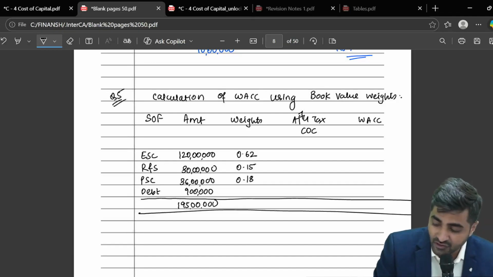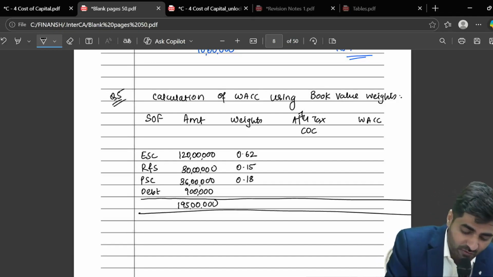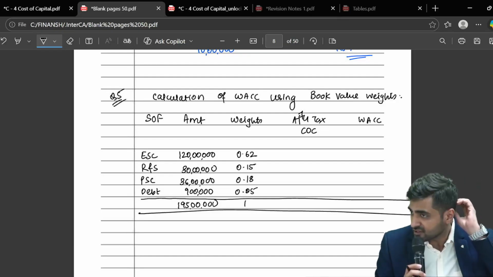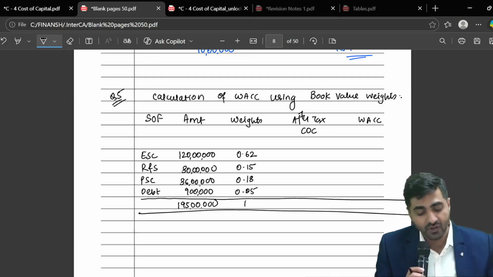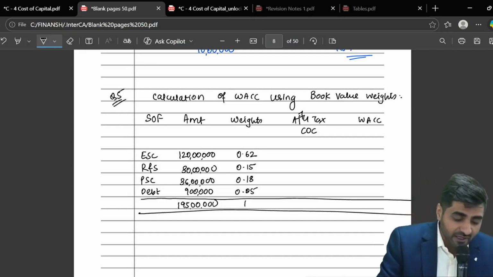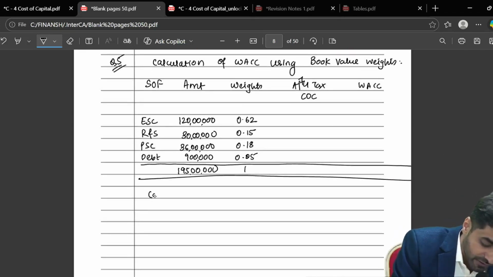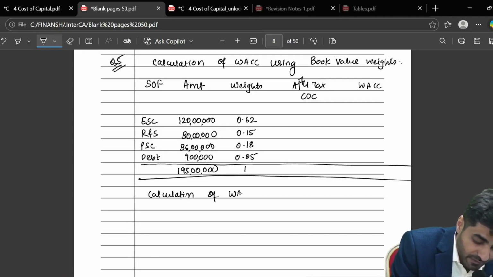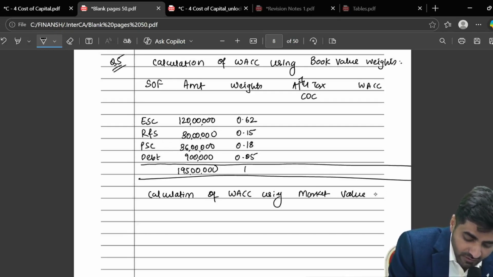And 9 lakhs divided by this, you will be getting what? 0.05. These are going to be your weights. Similarly, we also have to calculate WACC using what? Market value. Hello?